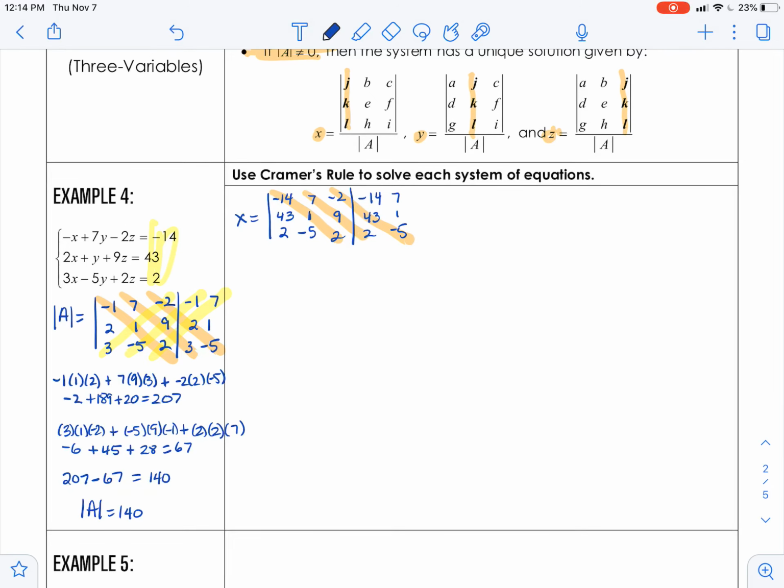So here we go. We're going to have negative 14 times 1 times 2 plus 7 times 9 times 2 plus negative 2 times 43 times negative 5. And we're just going to run those numbers. So I've got a negative 28. 63 times 2 is 126.